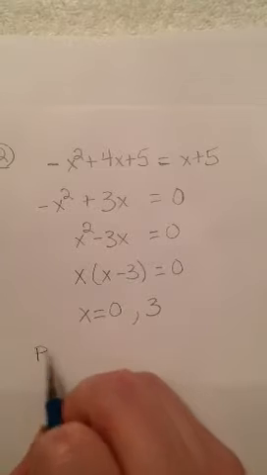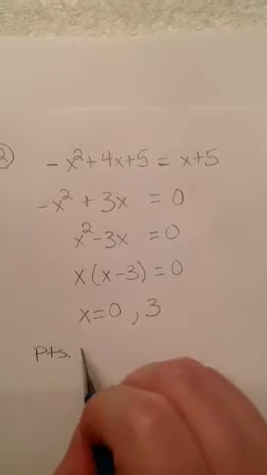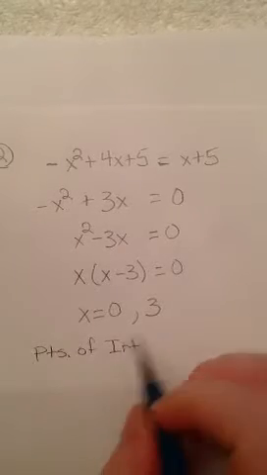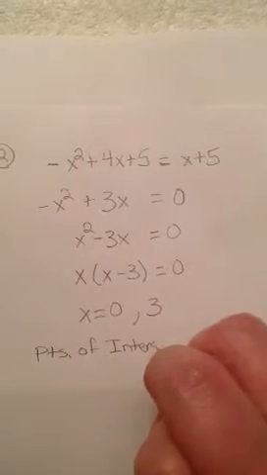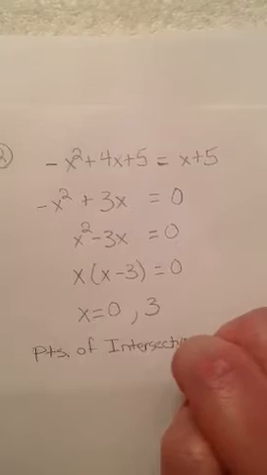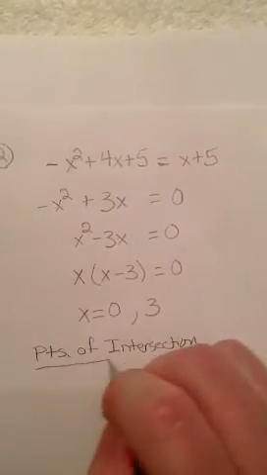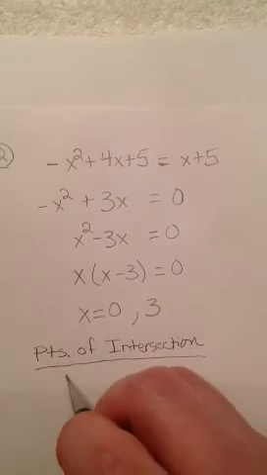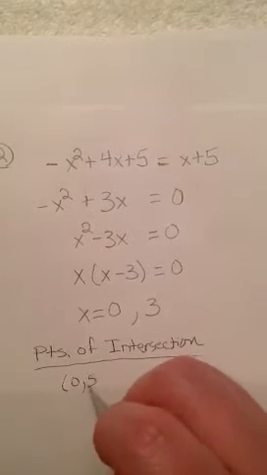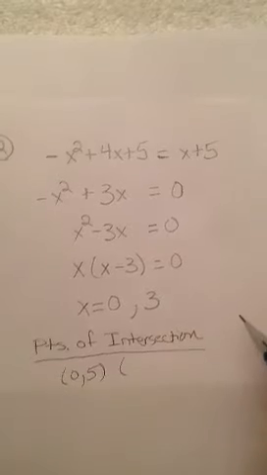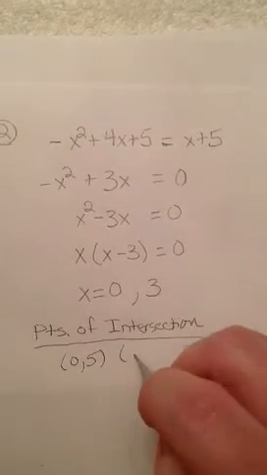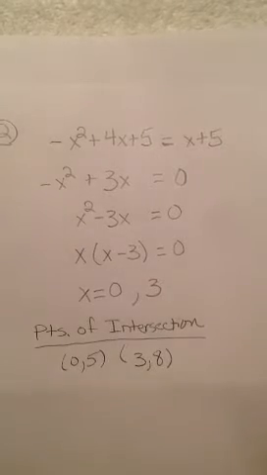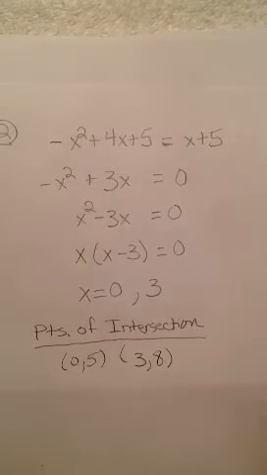And so we have the points of intersection. Whenever x is 0, y is going to be 5. Whenever x is equal to 3, y is going to be equal to 8.